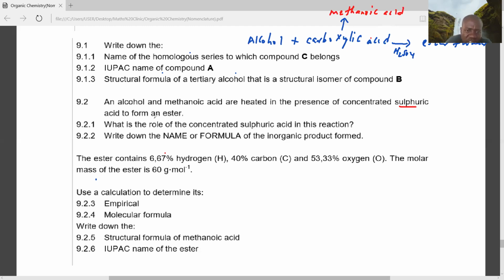The question says, what is the role of the concentrated sulfuric acid? Here it acts as a catalyst, or one can say it acts as a dehydrating agent.